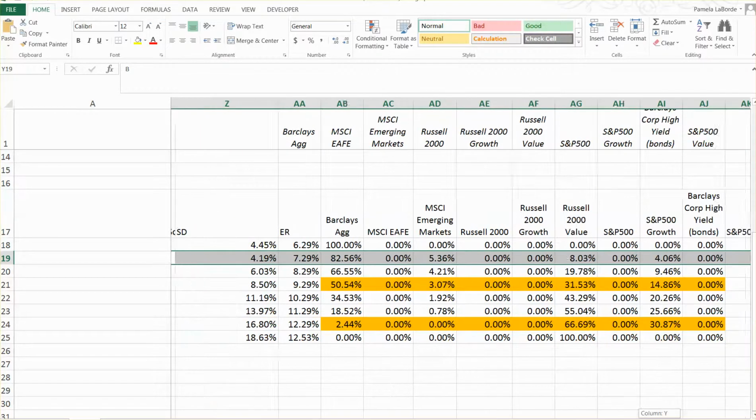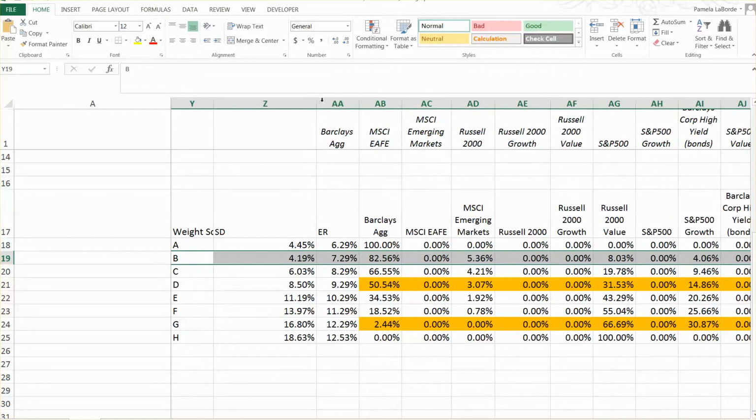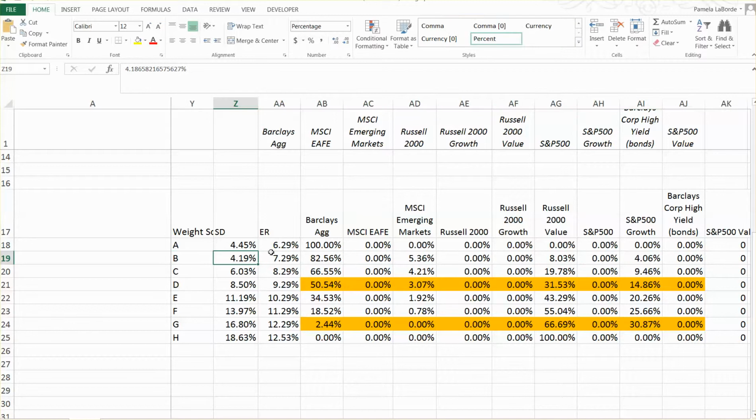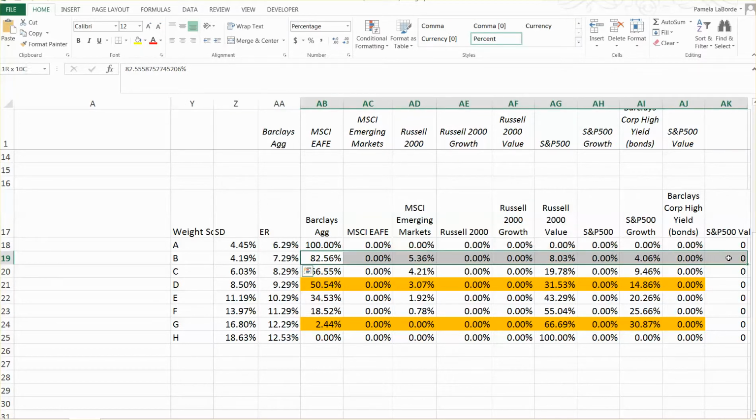And sometimes you'll see a 0. Actually, I'm going to scoot this over just a bit. So here's the risk, here is the return for point B, and then the values in the highlighted area represent the weight that you should put in each index to accomplish point B.